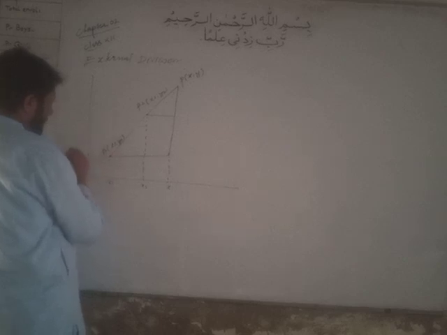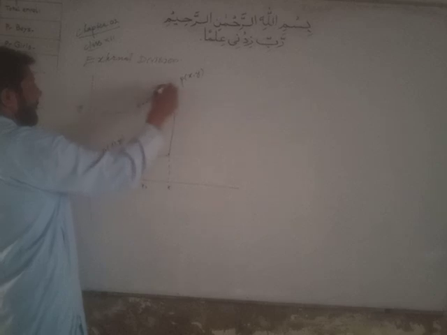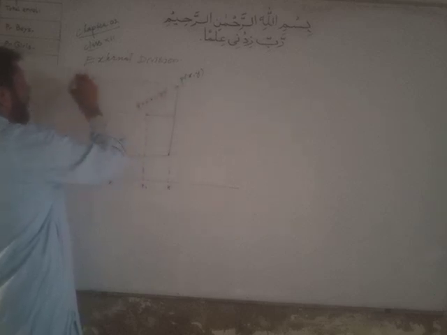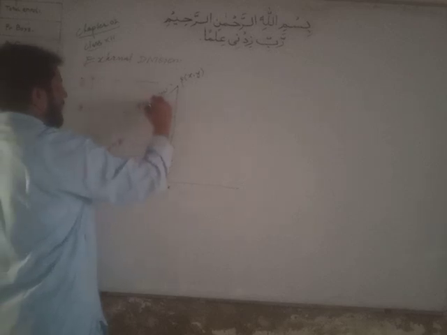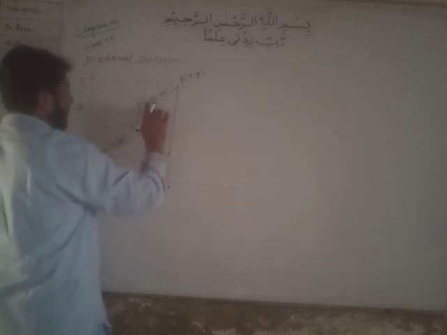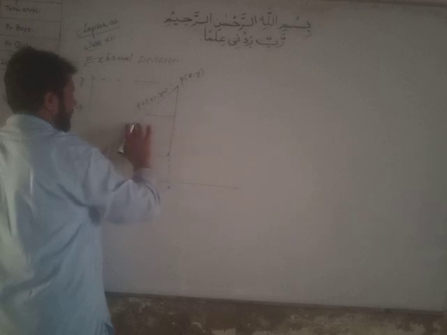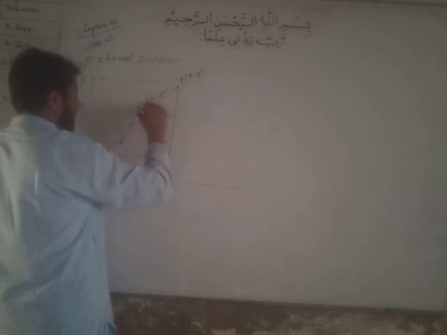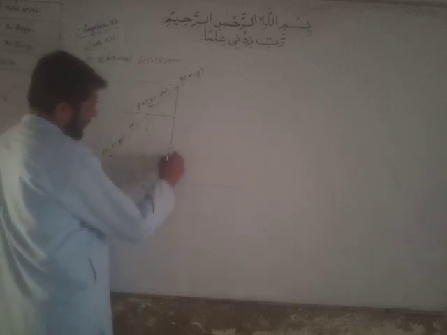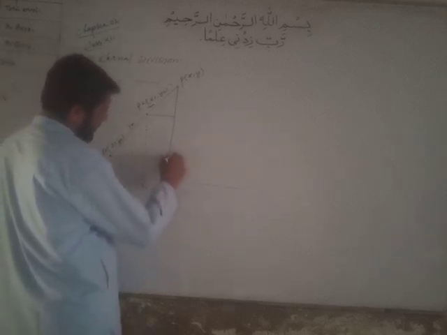Here this will be y1, here this will be y2, and here this will be y. This is m1 and this is m2. So the point of this triangle will be Q.